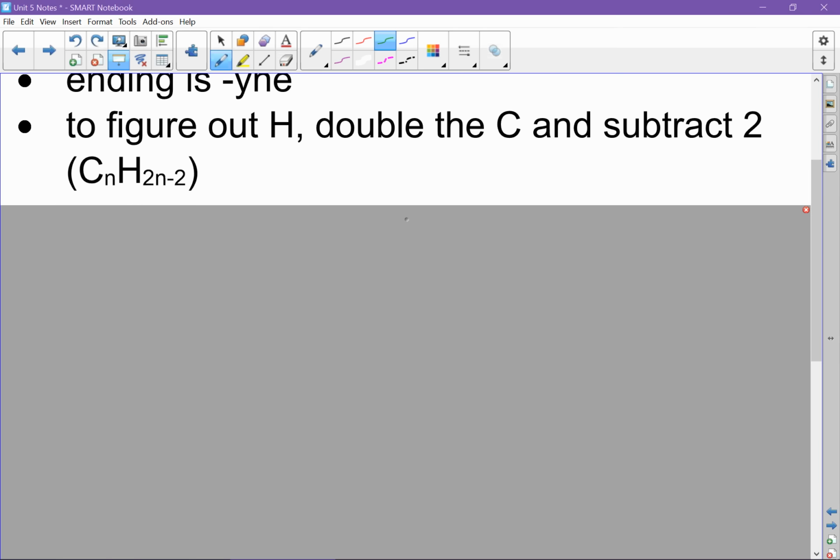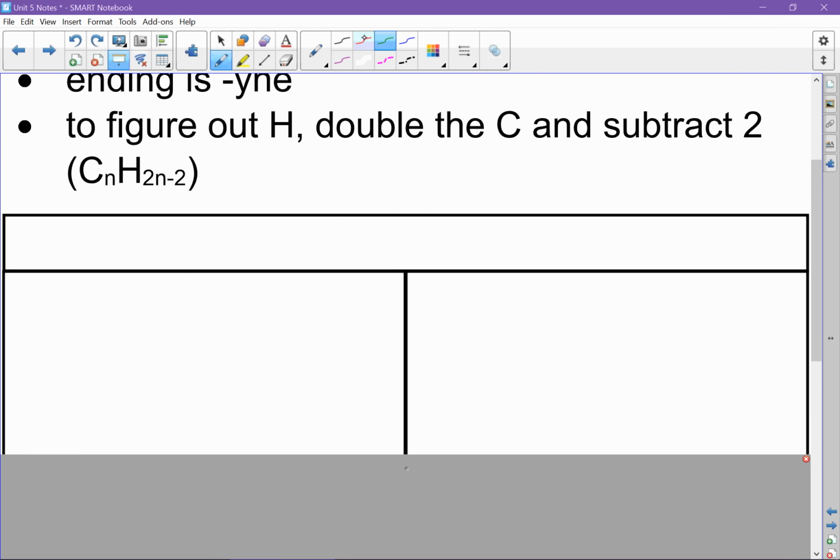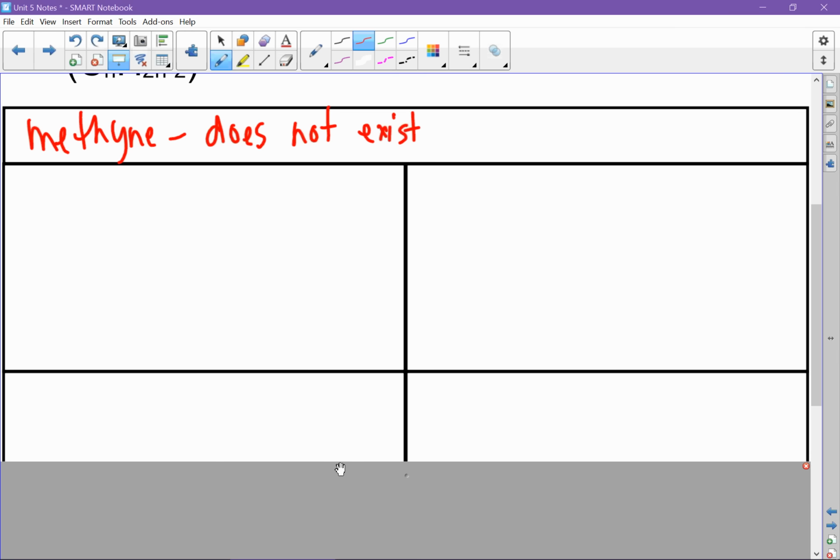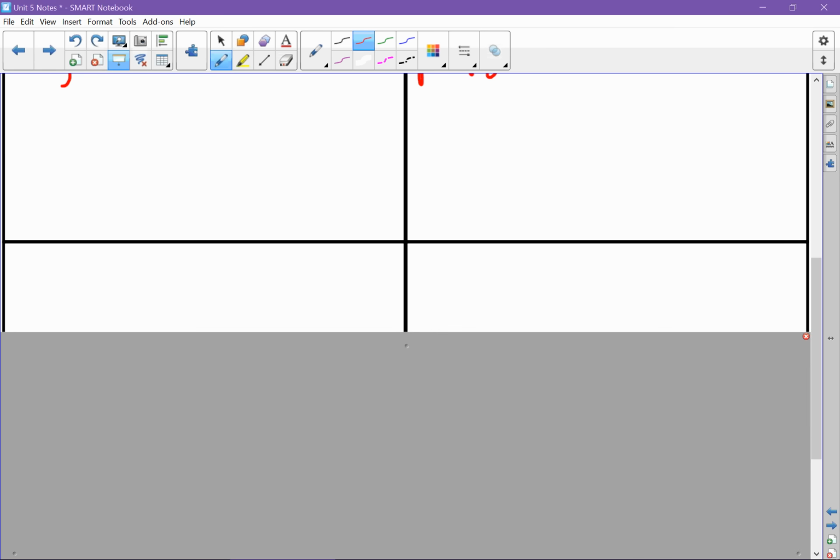So let's try some practice with that. Same thing, let's first just write the words. So we would have methyne, but again, this one does not exist. I don't have enough carbons to put a triple bond between, so that's not a thing. Let's try some of the rest of them, though. I could have ethyne, propyne, keep going.